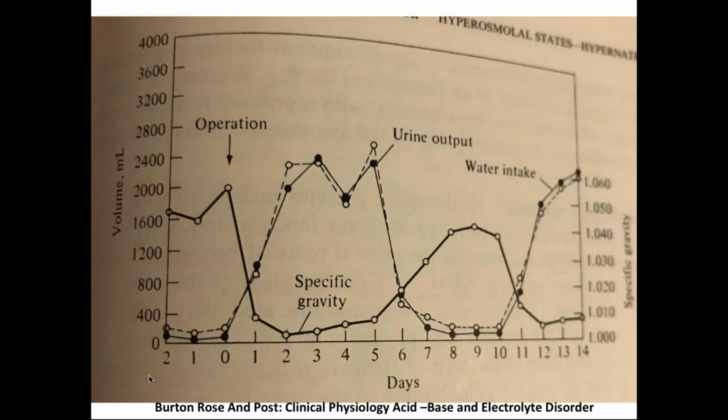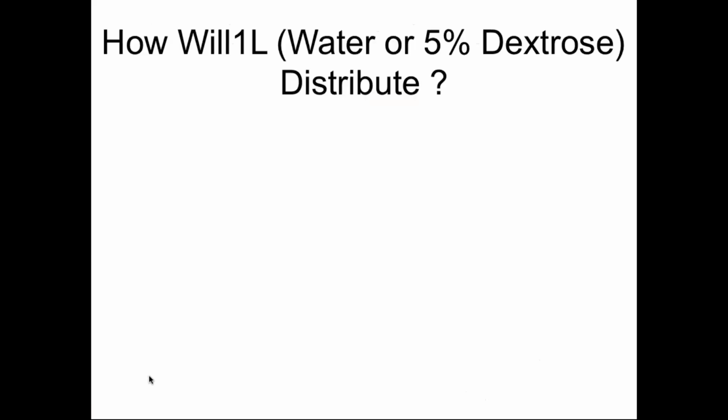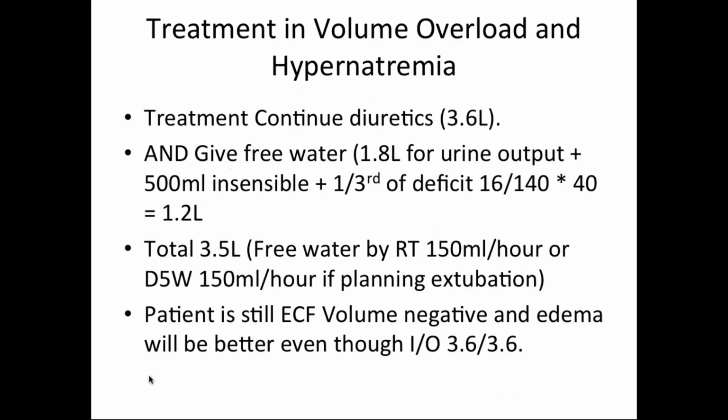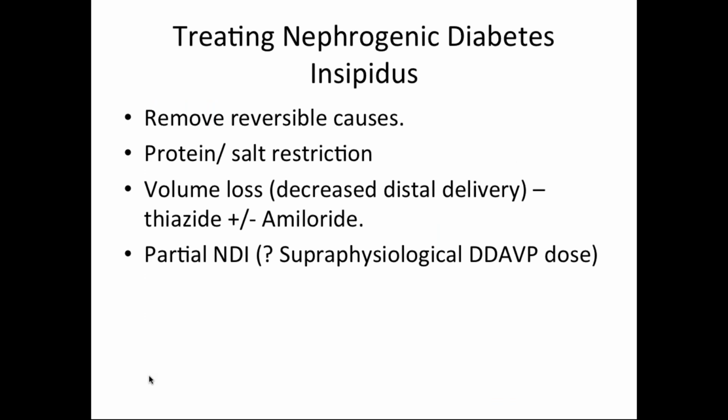Right. So the next question again is for Dr. Sumantra Raut. How does thiazide act in NDI? So as I had said, the thiazides cause volume depletion. And with that volume depletion, there will be decreased distal delivery.